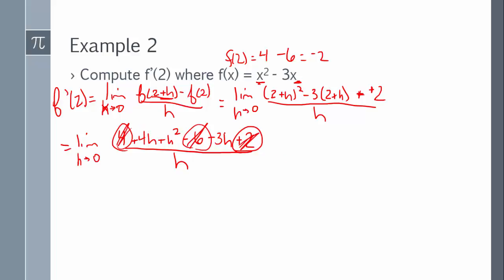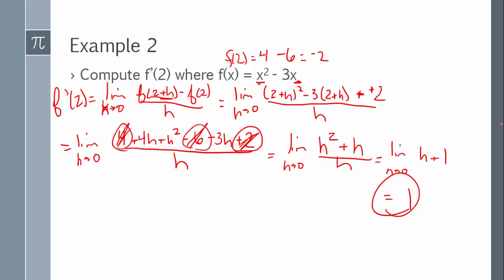Now I have a 4h and a negative 3h, so we'll combine those to get the limit as h approaches 0 of h squared plus h all over h. Okay, I can factor out an h, cancel it, and I get the limit as h approaches 0 of h plus 1, which then would be 1. So that is f prime of 2, the slope of the line tangent to x squared minus 3x at x equals 2.